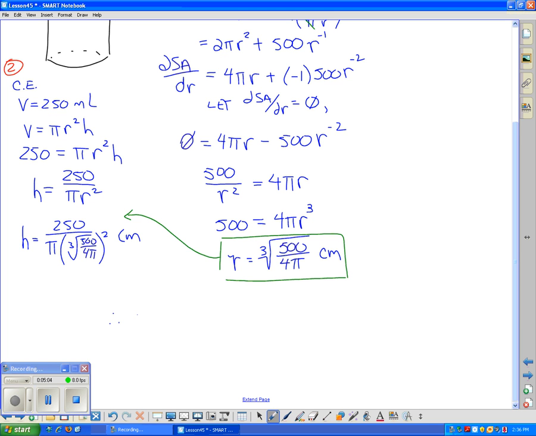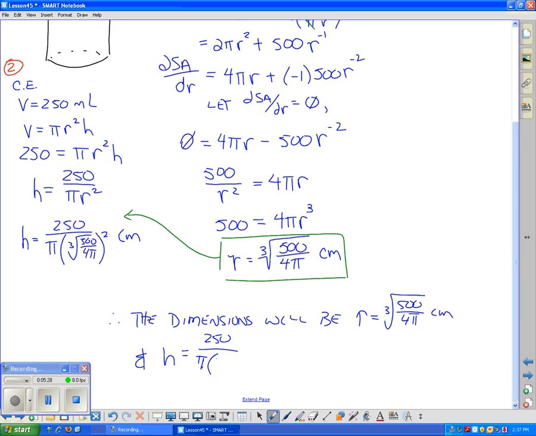So therefore, the dimensions will be: radius is equal to the cube root of 500 over 4 pi centimeters, and the height is equal to 250 over pi bracket cube root of 500 over 4 pi squared centimeters.